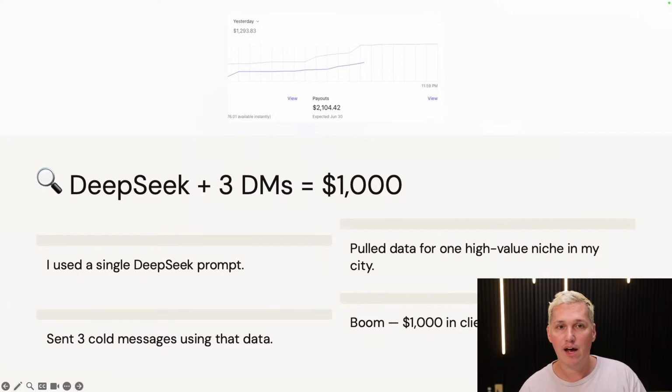So it was $1,293.83. Now I'm going to show you the DeepSeek prompt that was responsible for this, as well as give you access to it. I'm going to show you the 3 cold messages that I used, and I'm going to show you how I pulled data for one high-value niche in the city that I targeted, and then boom, $1,000 in clients' payments within 24 hours.